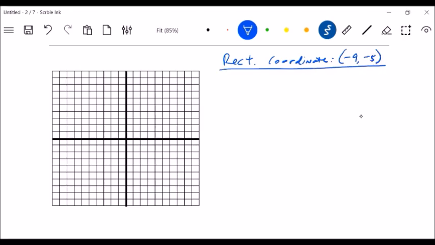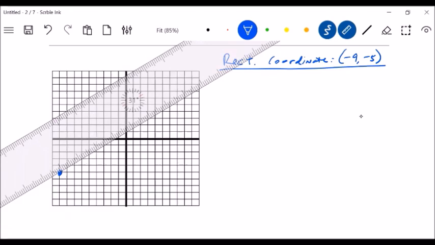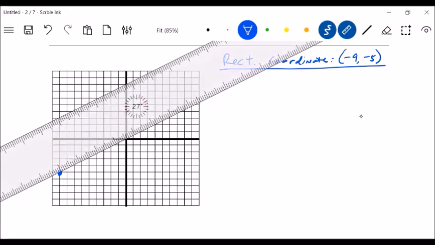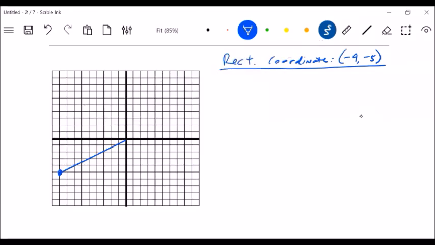So I'm going to place that first. -9 and -5 is here. I'm going to draw this just because it makes it easier for me to see. Okay. So this point's -9, -5, but what I want is I want the r and I want the angle.